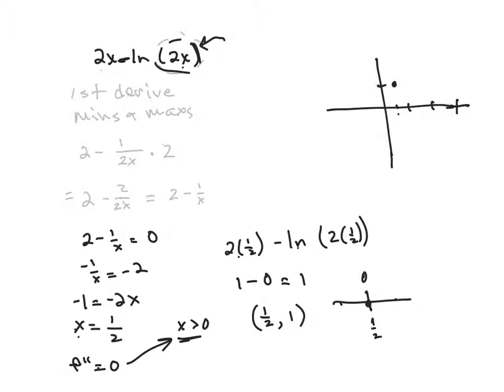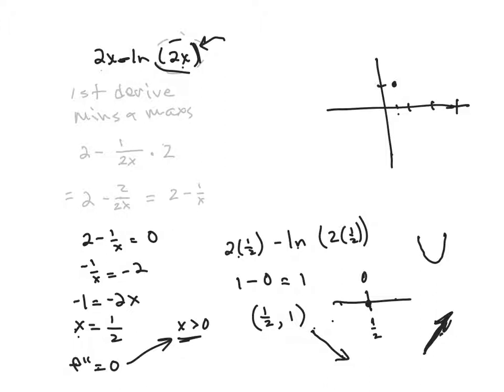So I need to plug in a value to the left and to the right to figure out, because it's a slope, if my value is negative, that means, since it's a slope, the function's going this way, it's decreasing. If the value is positive, that means my slope is positive, and that means that the graph has to be increasing. So if I go from negative to positive, so decreasing to increasing, then I have to have a minimum.